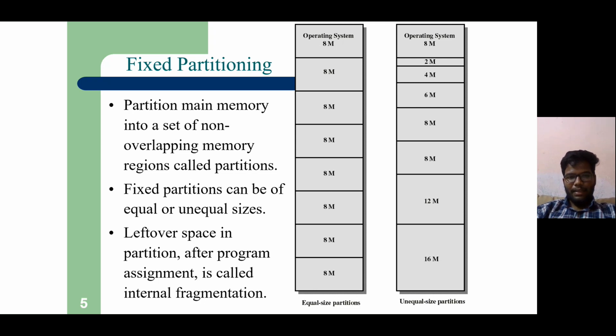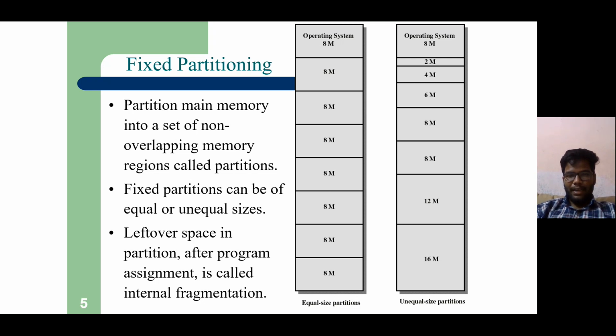Here in the diagram you can see two diagrams: equal partitioning and unequal partitioning. In equal partitioning, all partitions take the same memory size. The operating system and the remaining processes 1, 2, 3, 4, 5, 6 all take the same memory.